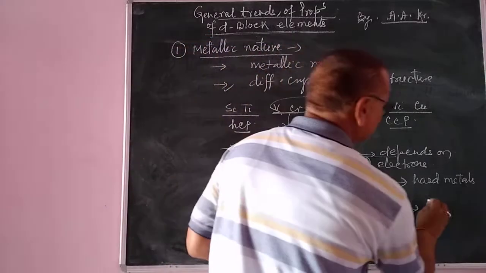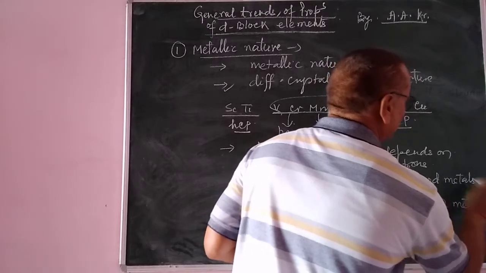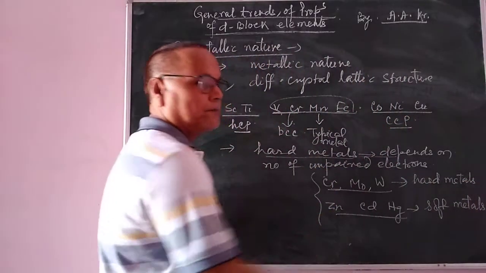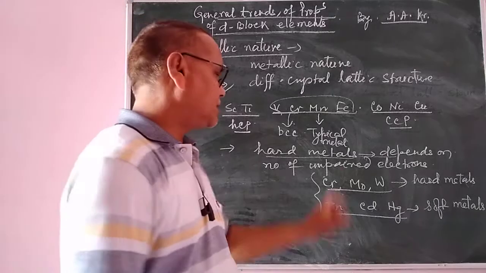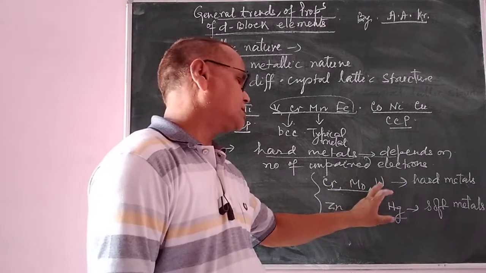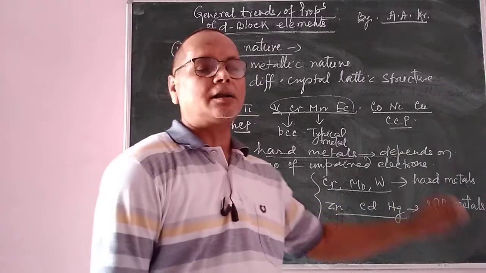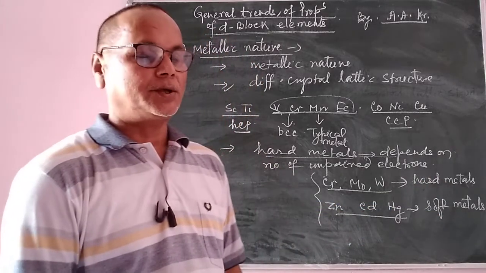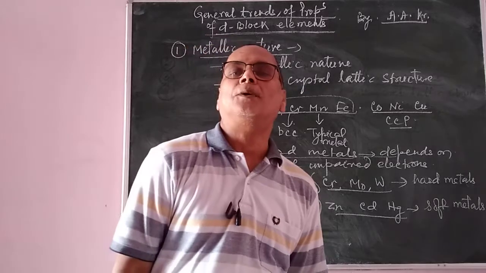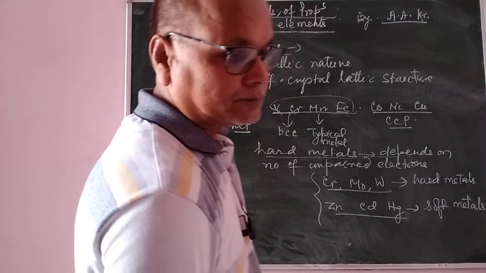So these are soft metals. And the question comes from it: why are chromium, tungsten, molybdenum hard, whereas zinc, cadmium, mercury are soft metals? It is due to the number of unpaired electrons.